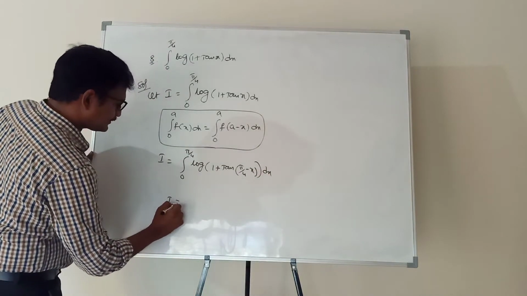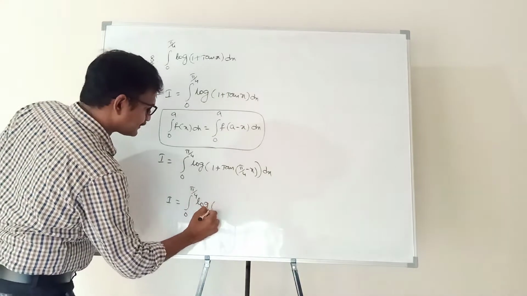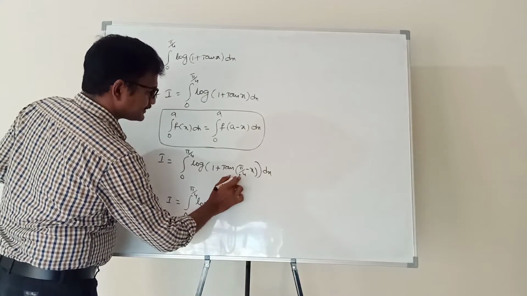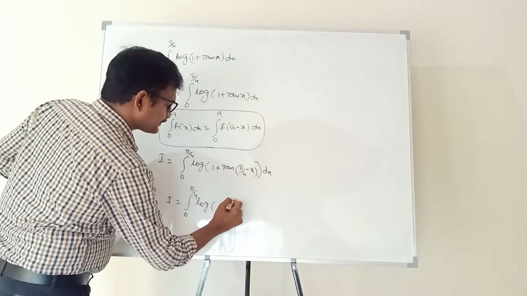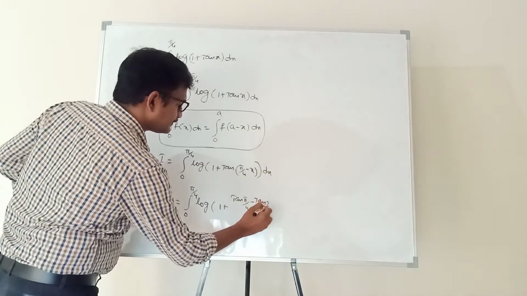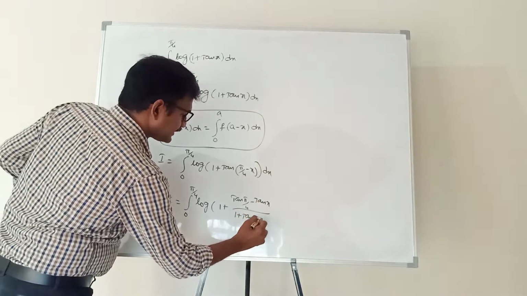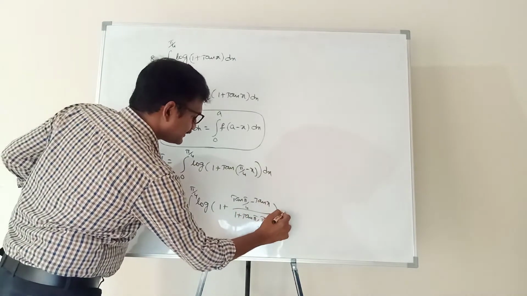So I is equal to the integral from 0 to pi by 4 of log 1 plus tan of, this is in the form of tan a minus b, tan a minus tan b by 1 plus tan a into tan b, dx.